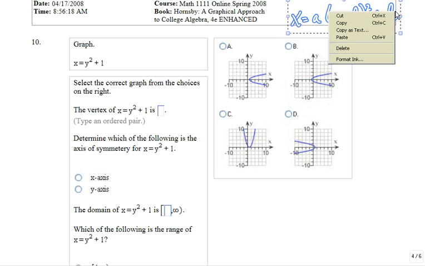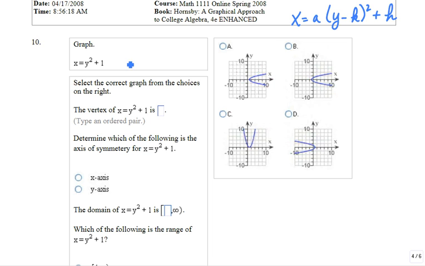Oops, sorry about that. Okay. Yeah, so we'd have a vertex at (1, 0). See, the roles of h and k are kind of reversed whenever we're reversing the roles of x and y from a vertical parabola to a horizontal parabola. And so we know the vertex is (1, 0).